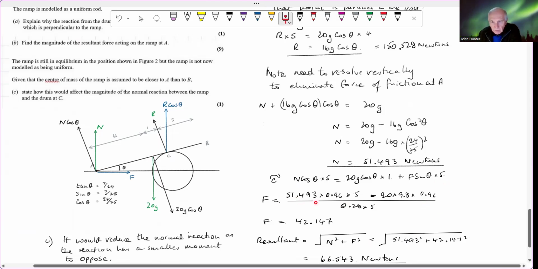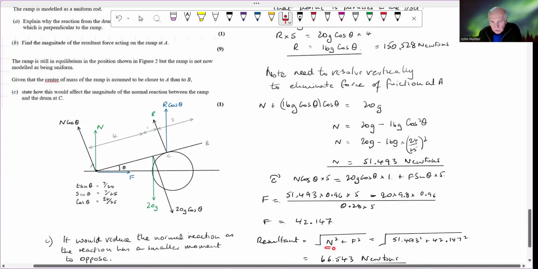So if we rearrange all that to be explicit in F, it looks like that. We know all these things, so we can stick that into our calculator, and it gives us that F has a value of 42.147.